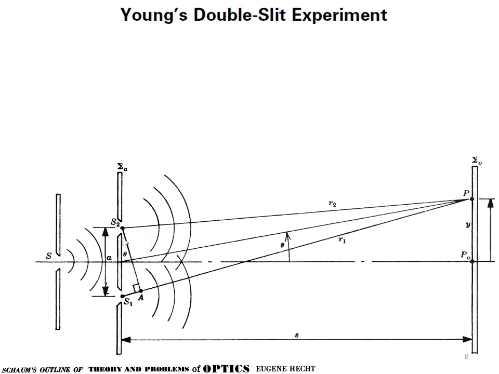So in this plane, if you place the screen, you should see straight line or linear fringes. If your screen is somewhere here, in a plane perpendicular to the line containing the two sources, then on that screen you should see circular fringes.